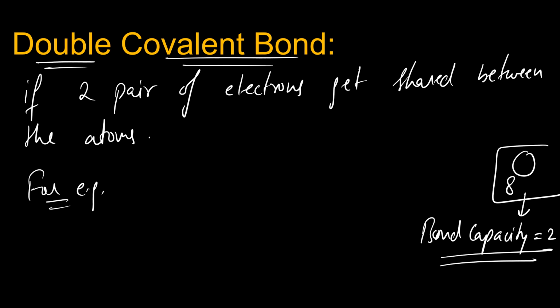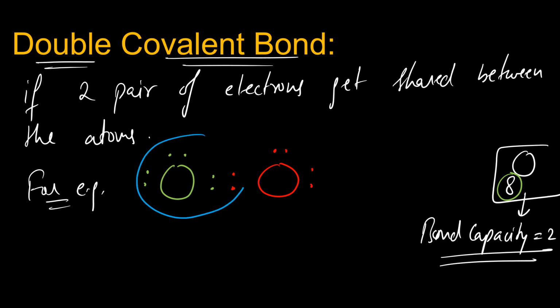Now let's see, I have oxygen. If it has atomic number 8, how many valence electrons does it have? That is 6. If it has 6 valence electrons, I have drawn the Lewis dot structure of one oxygen. Now the second oxygen is also going to have 6 valence electrons. Now when I draw a cloud here, I can see my first oxygen has 8 electrons after sharing.